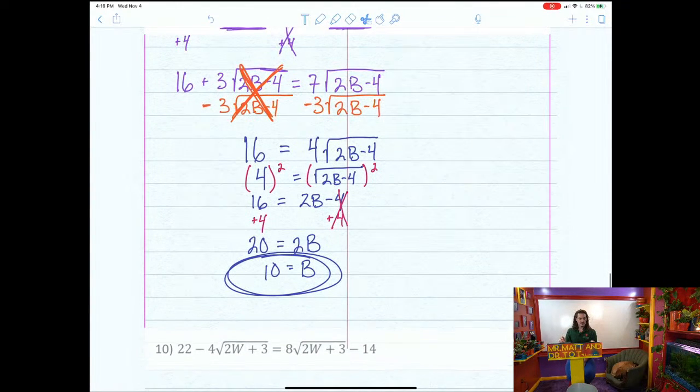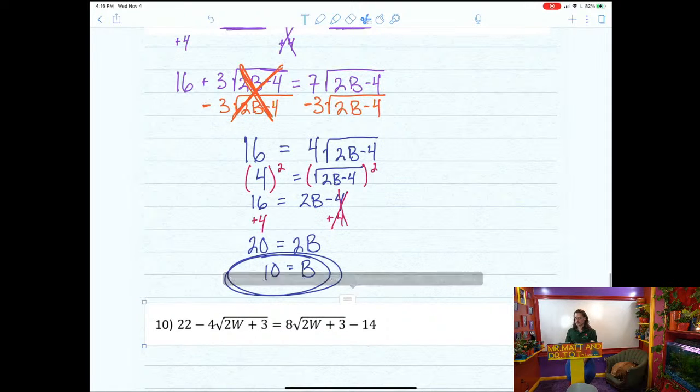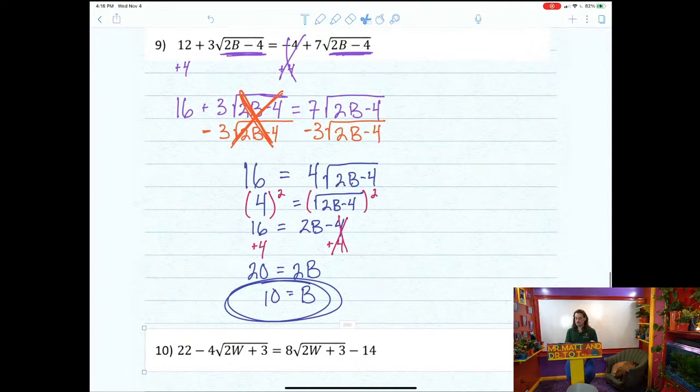And I'll try and leave that up so you have all the work available to you. But otherwise, I'll give you 3 minutes. Please complete question number 10, and then I'll give you the solution. And I'll keep track of the time here in teal.